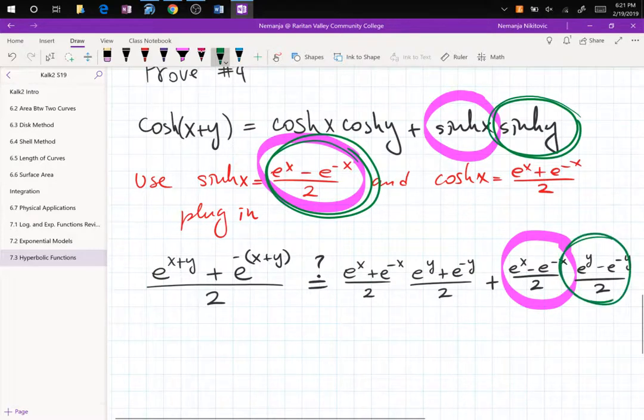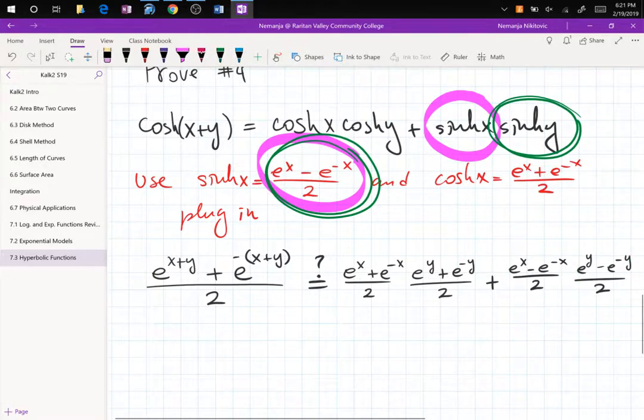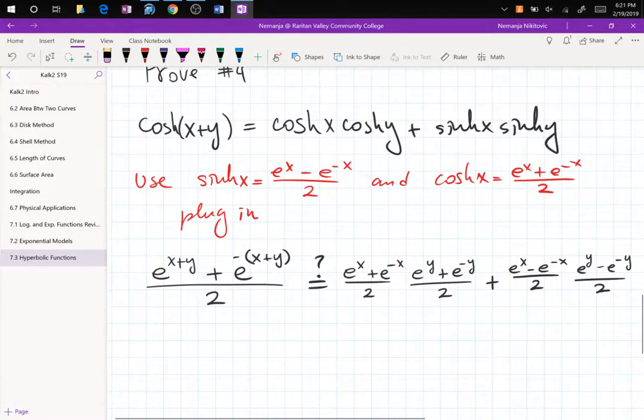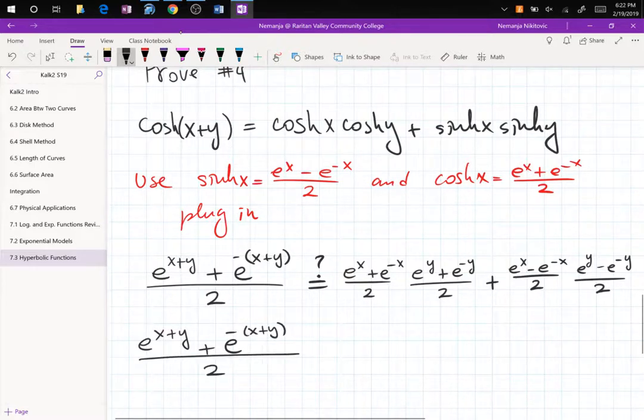It lands here, and now the variable is not x, the variable is y, so I'm using e to the y instead of e to the x. So all I did is I plugged in. I haven't done any calculations yet. Copy the left-hand side. It seems that it's in the simplified form. Equal to, question mark. And now all I need to do is to multiply these.